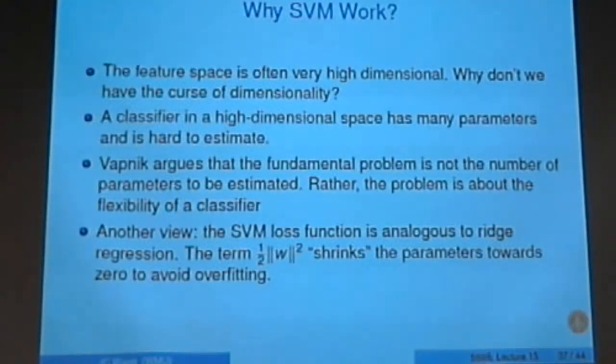The support vector loss function is analogous to ridge regression, where the idea is to avoid overfitting in the regression problem. They use a shrinkage parameter to control this overfitting. Have you learned ridge regression in 662?